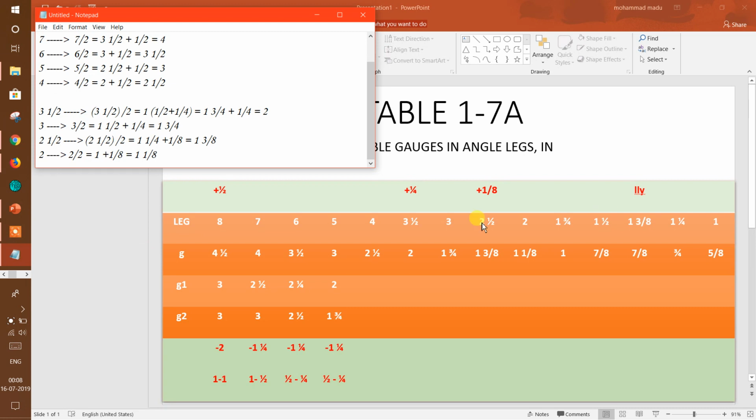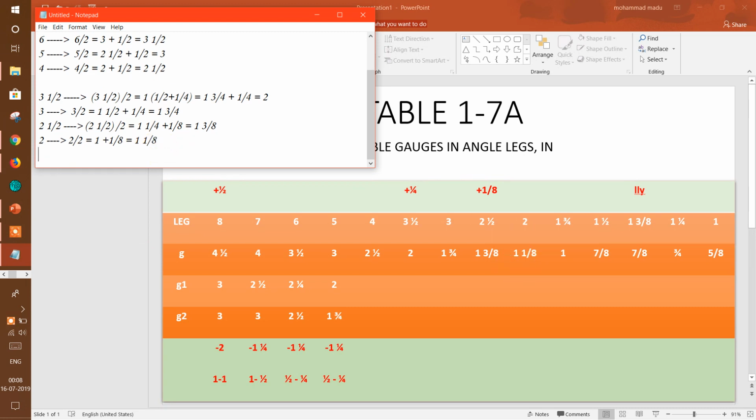And now 1, 3 by 4 by 2 equal to 1 by 4 and 3 by 8, means 7 by 8.